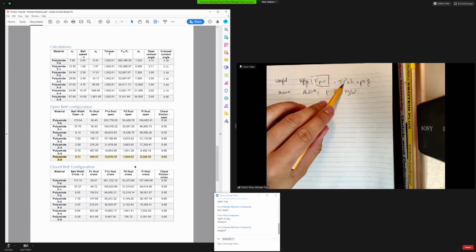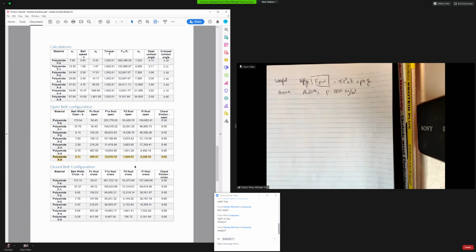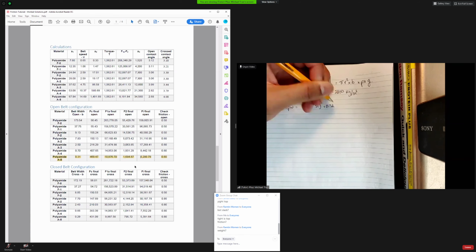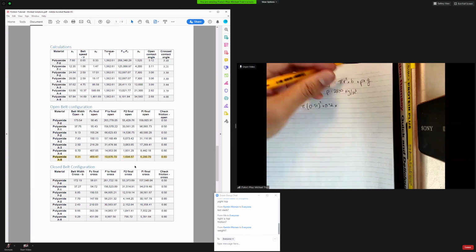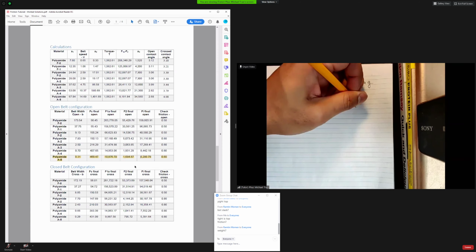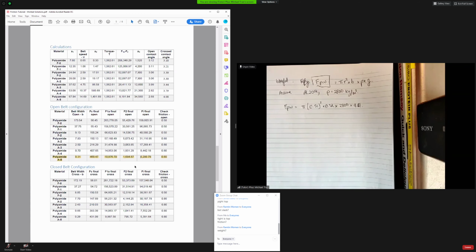And that's just the radius of the pulley. We know that the diameter is 1020, so half of that. FPW equals pi times 0.51 squared times 0.32, the thickness of the pulley, times rho 2800 times g.